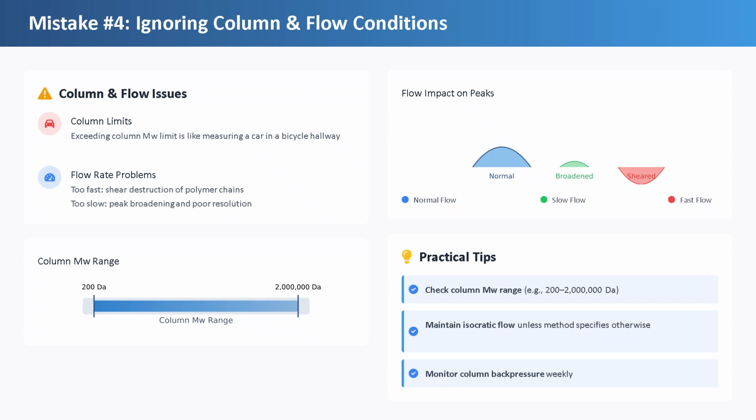If the flow is too fast, you can shear high molecular weight chains. If it's too slow, peaks broaden and resolution suffers. That's why it's important to monitor your column's molecular weight range, maintain isocratic flow unless a method specifies otherwise, and track column back pressure weekly to catch degradation early.